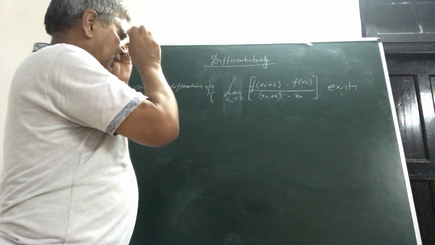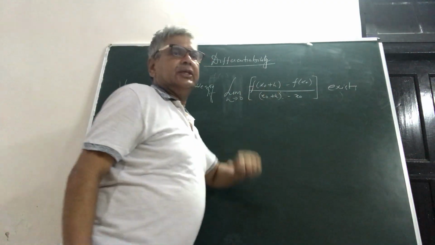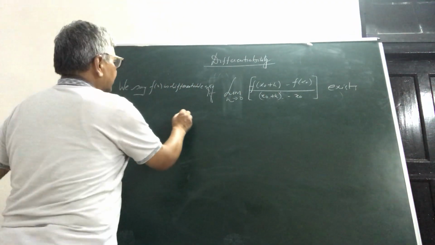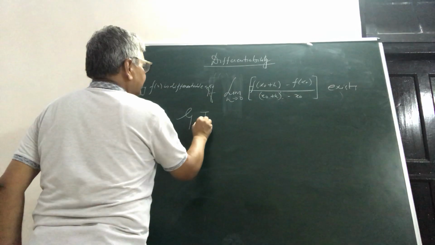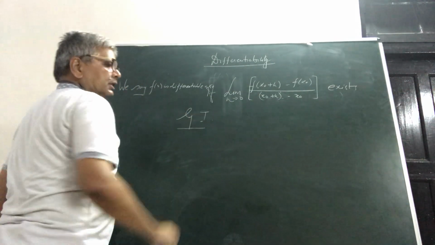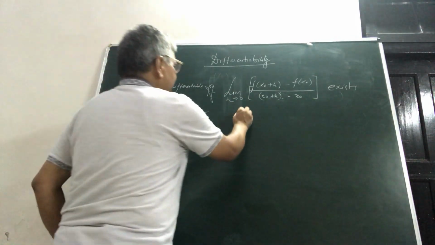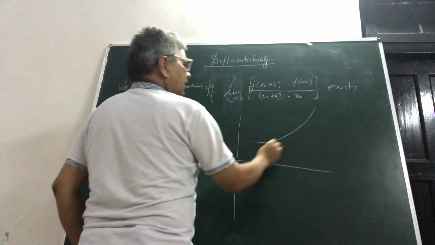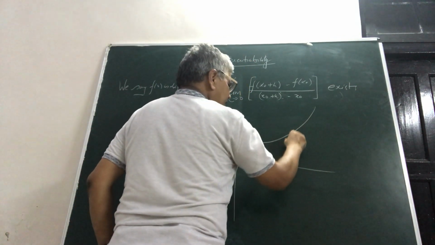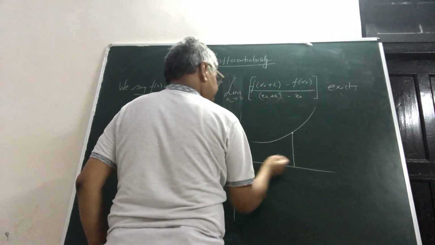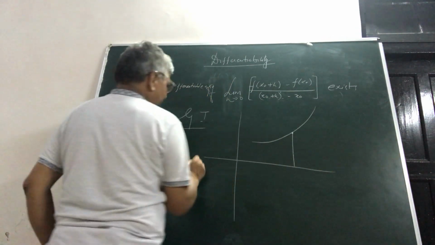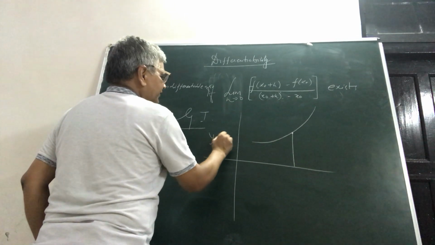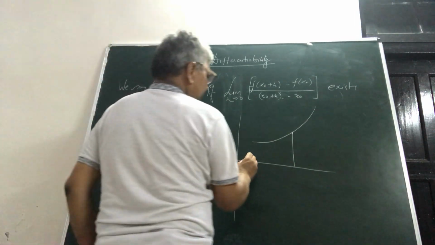And if somebody asks you what this interpretation is, the most important interpretation is the geometrical interpretation of differentiation. Suppose this is the graph of some function, y is equal to f(x), and you want to find its derivative here. This is x.